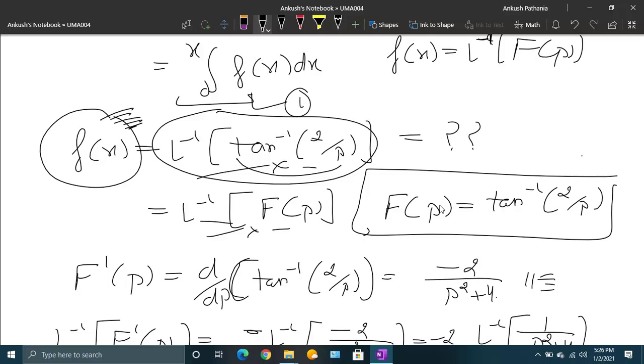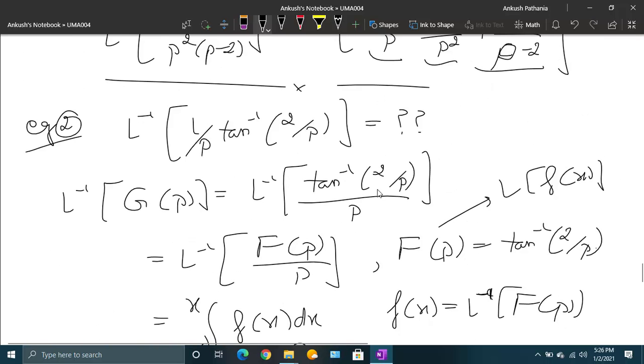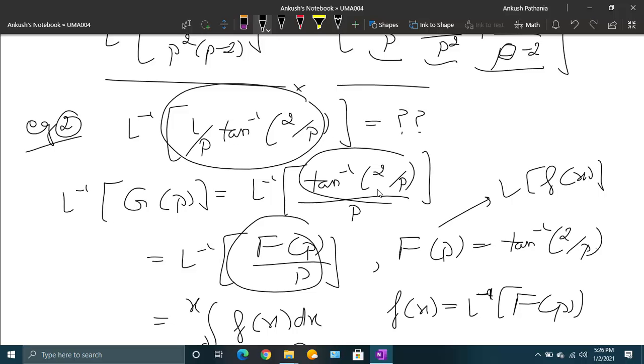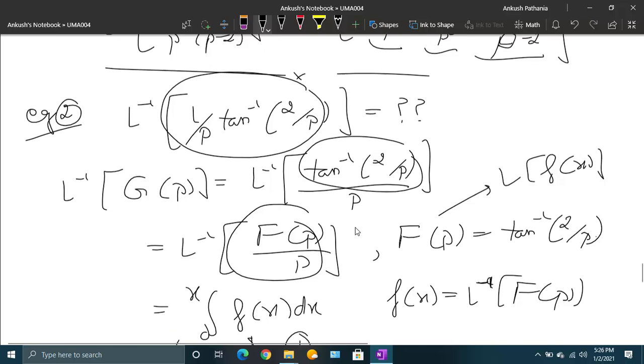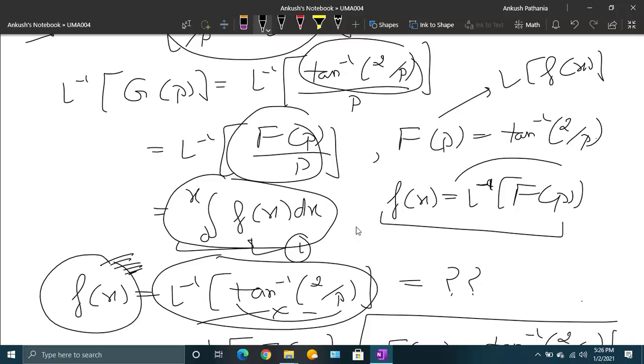We need to put it in this integral, because our actual question was to find the Laplace inverse of fp upon p, which comes out in the form of the integral from 0 to x of fx.